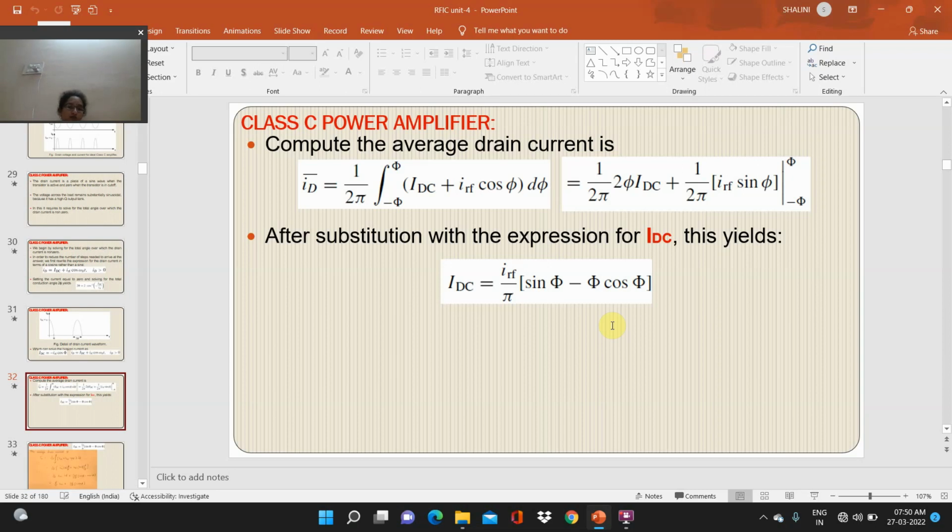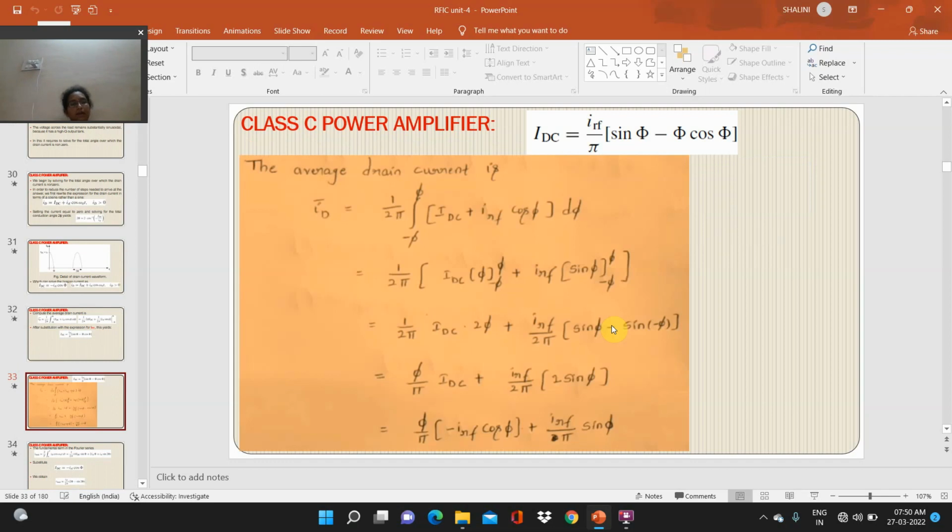After substitution with the expression for IDC, we get IDC is equal to IRF by pi into sin phi minus phi cos phi. This is the calculation part of the class C power amplifier while deriving the drain current.